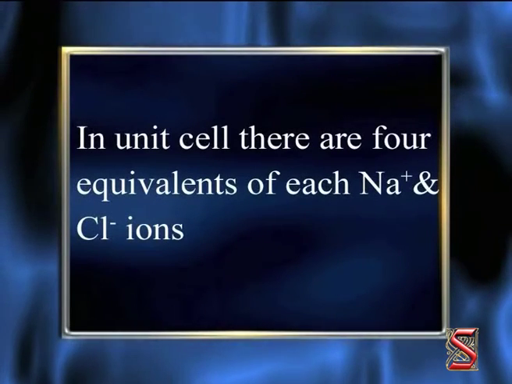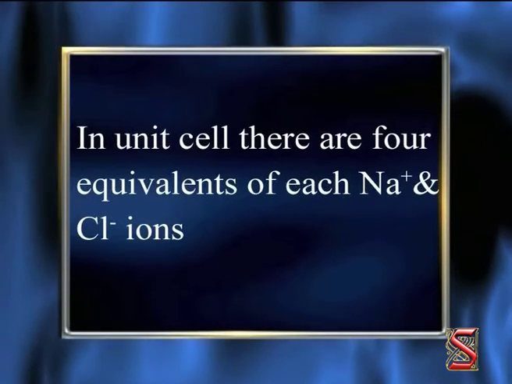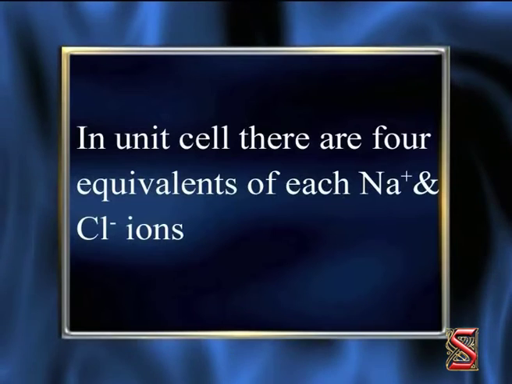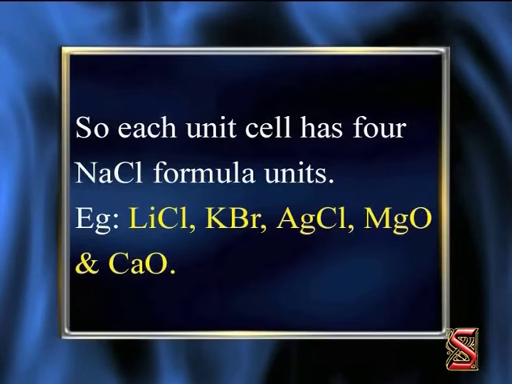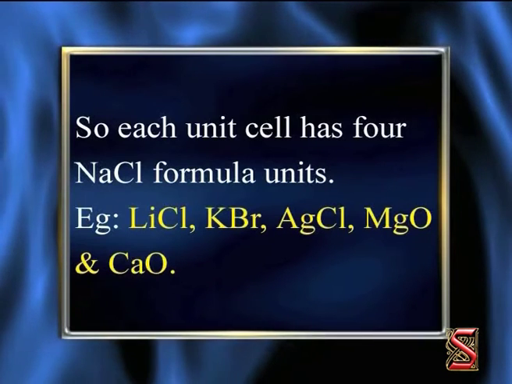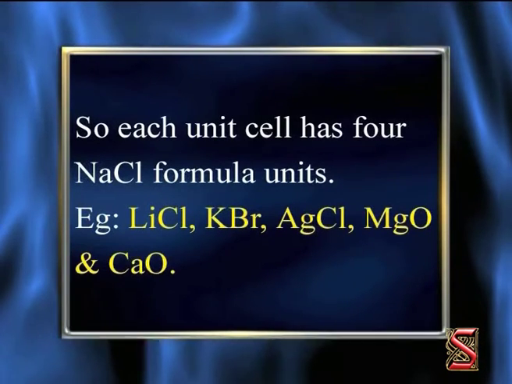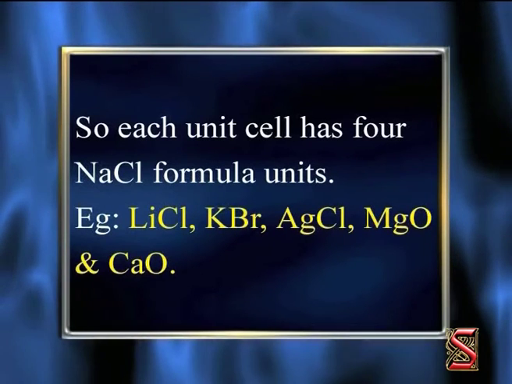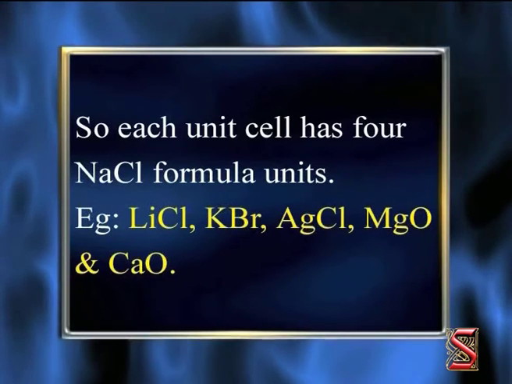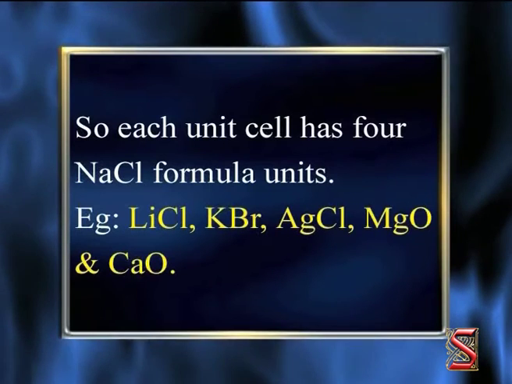In a unit cell, there are 4 equivalents of Na⁺ and Cl⁻ ions. Each unit cell has 4 NaCl formula units. For example, lithium chloride, potassium bromide, silver chloride, magnesium oxide and calcium oxide.